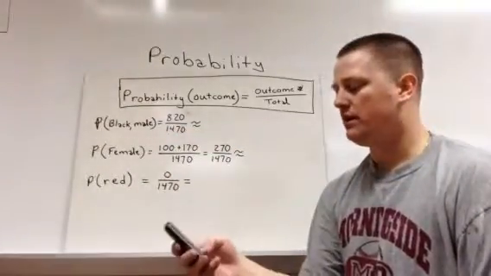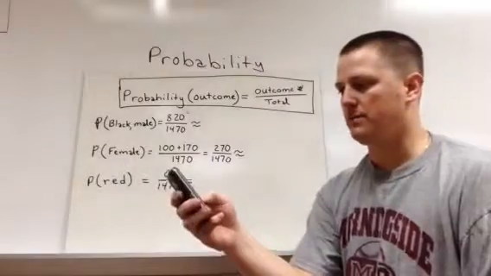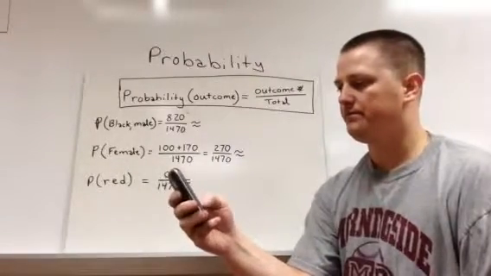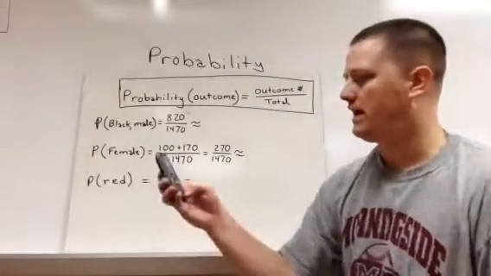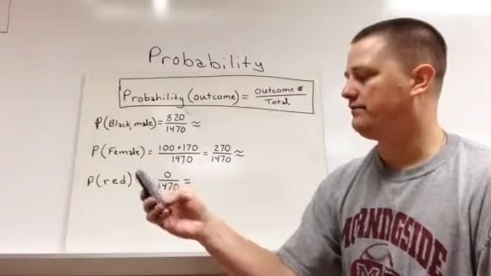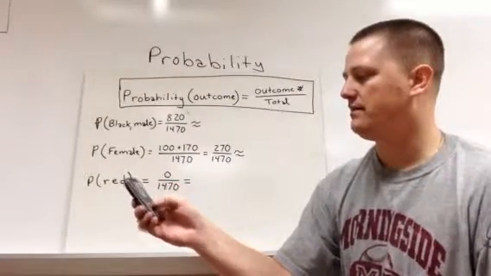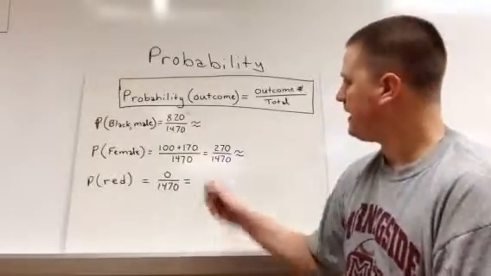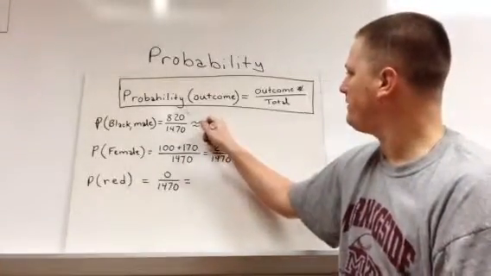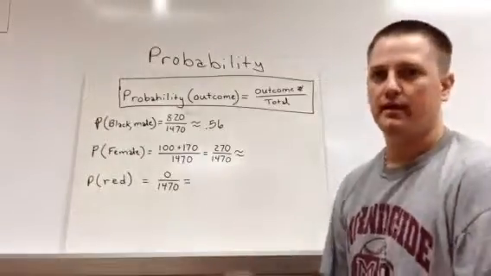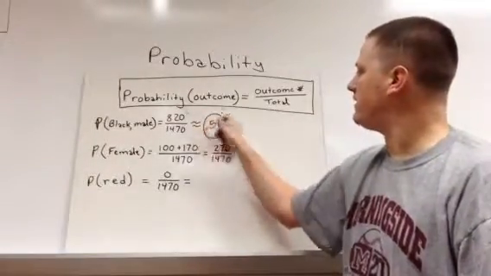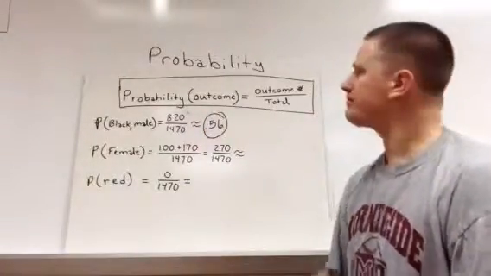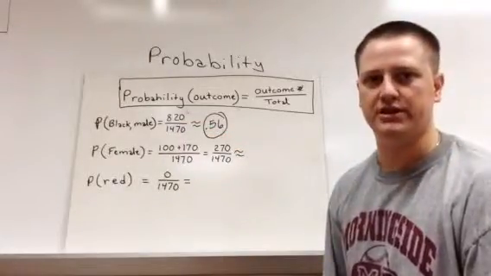So all we do is we take our calculator. I'm going to use my phone. And we take 820 and divide by 1470. And we get a big long decimal that is about 0.56. Now typically we'll usually stick with our decimal. Sometimes we'll use the fraction.